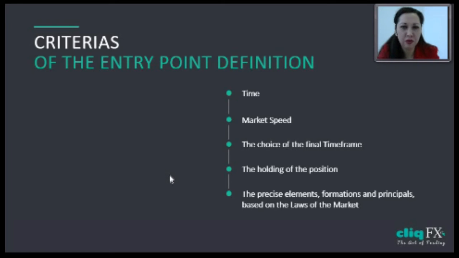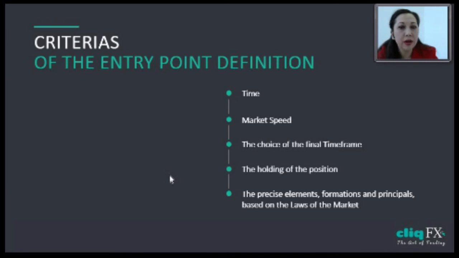So you need to choose for yourself the best time, the most convenient time for trading. Is it going to be afternoon hours, or in the morning, or is it going to be night hours? This is the first. When am I going to trade?